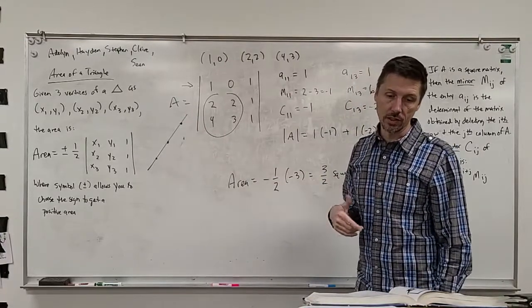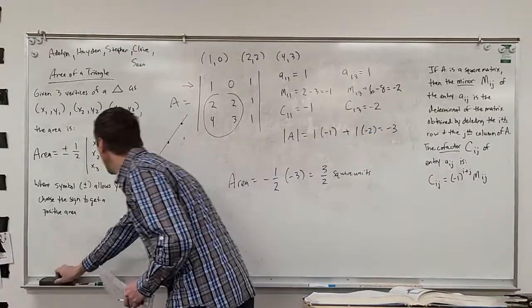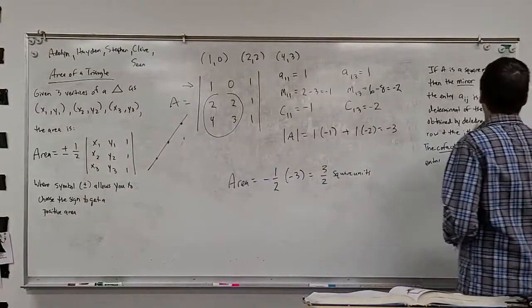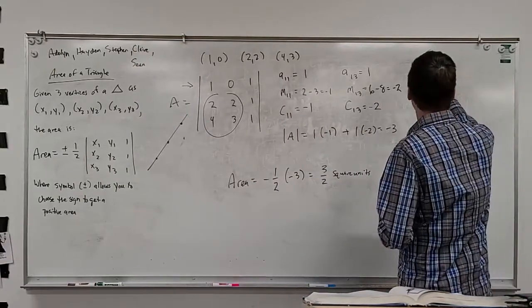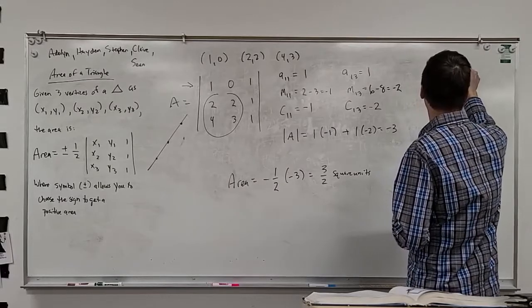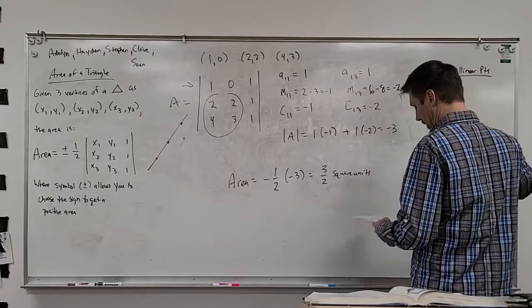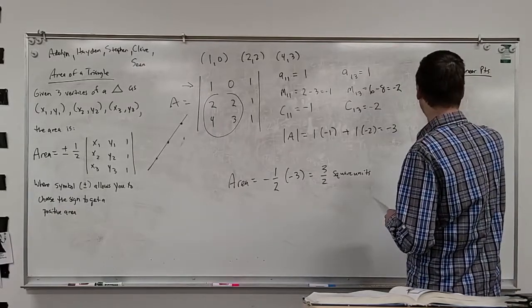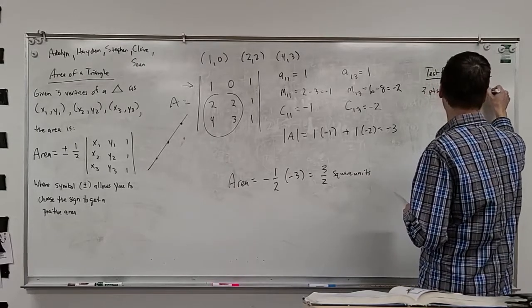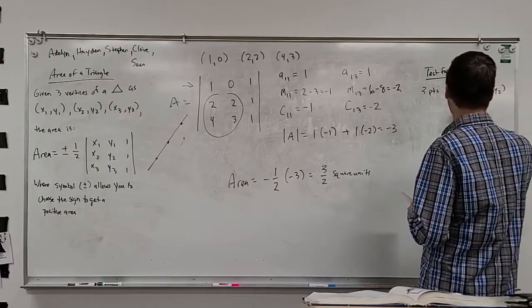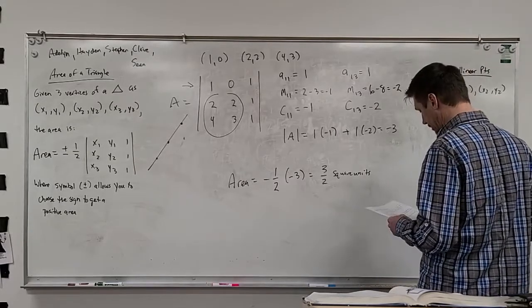All right. This is the test for collinear points. Again, we have 3 points, just like before: x1, y1, x2, y2, and x3, y3.